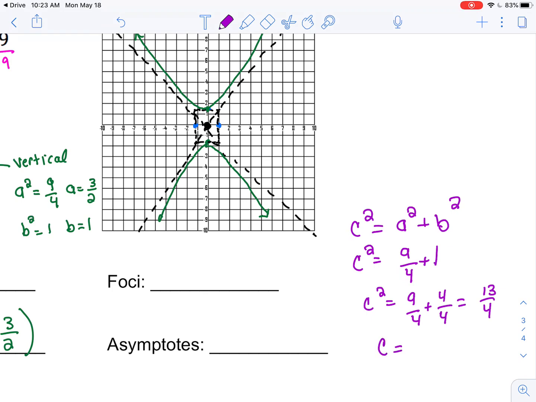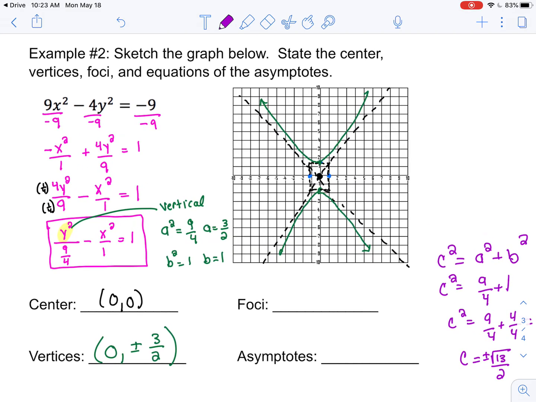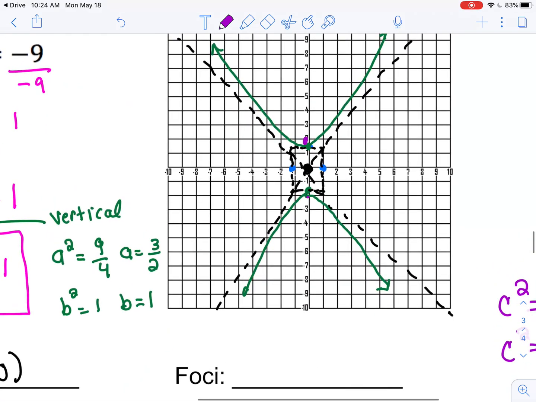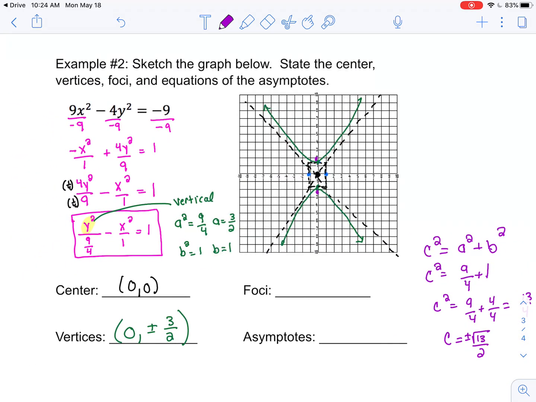So c is equal to plus or minus square root 13 over 2. So that's pretty close to 2. So I'm going to have a foci in here. I'm just going to kind of estimate it. It's kind of crowded in here, so I'm just going to estimate that. They lie inside. And so my foci are at 0, plus or minus radical 13 over 2.